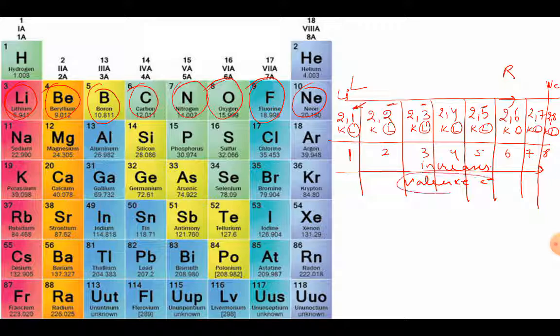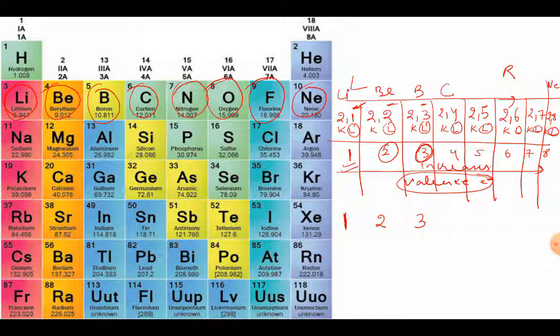Now from these valence electrons, let us find out the valency. The valence electron for lithium is 1. It will fit into the first rule. Valency is also 1. Beryllium, the valence electron is 2, fits into the first rule, comes out to be 2. Then boron, the valence electron is 3, fits into the first rule, 3.